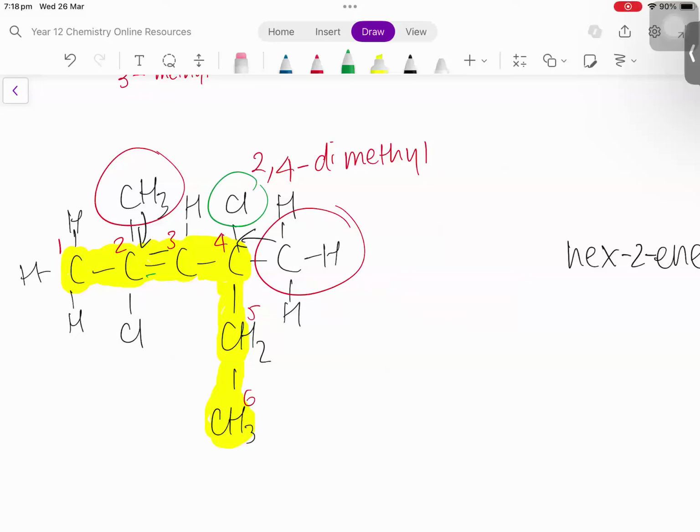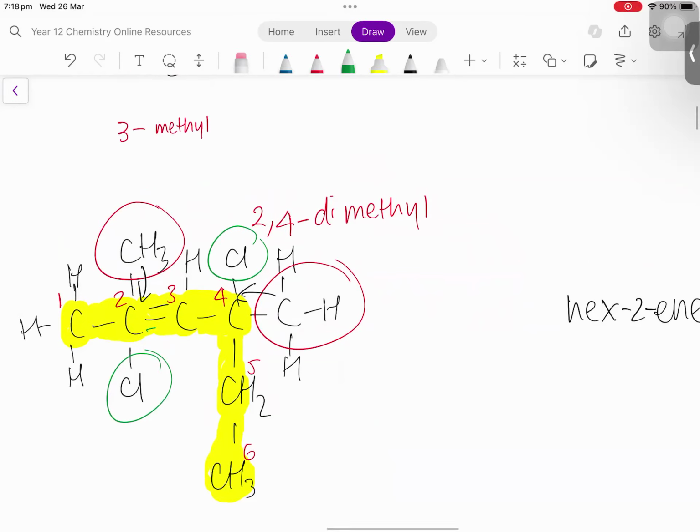There's a chlorine here, and there's a chlorine here. Okay. How do I name a chlorine? I replace the I and E part of the name with what? With an O. Good. So this is going to be chloro.